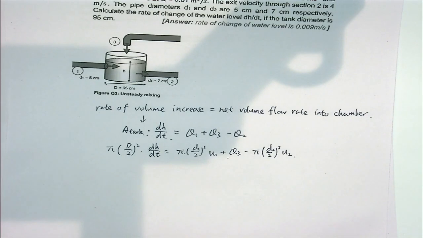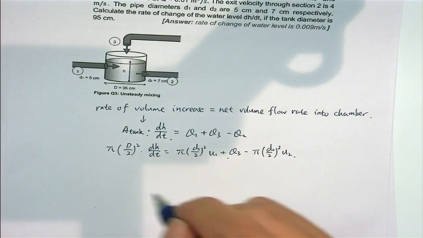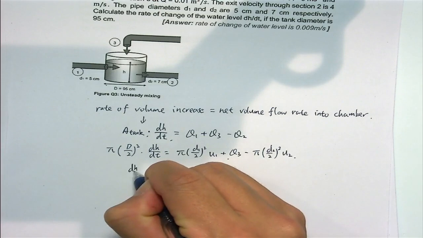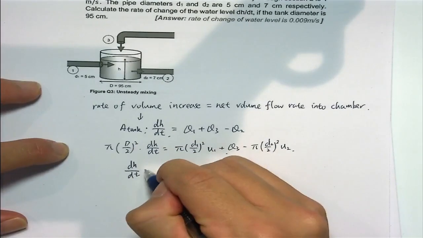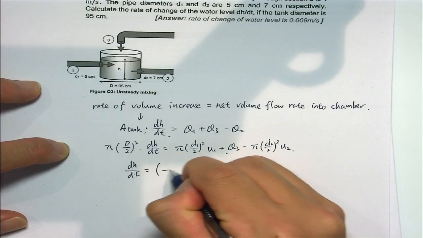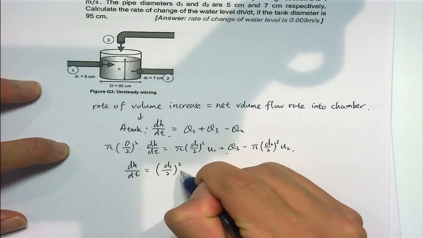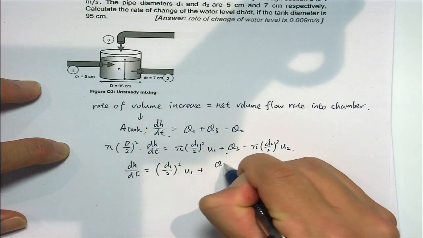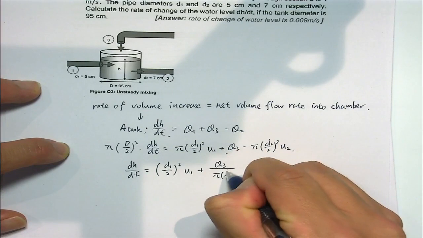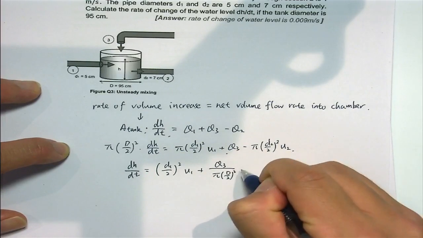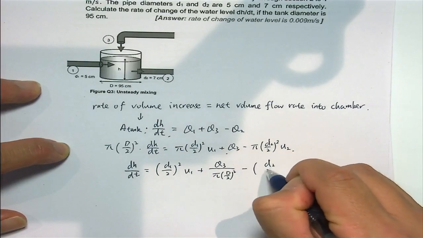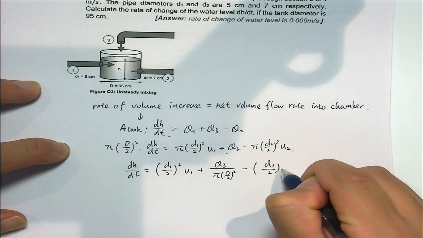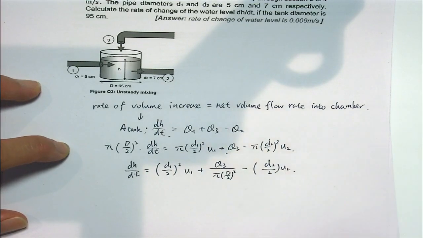And then finally we can get dH over dt equal to pi over 4 d1 squared U1 plus Q3 over pi over 4 d squared, minus d2 U2, right?